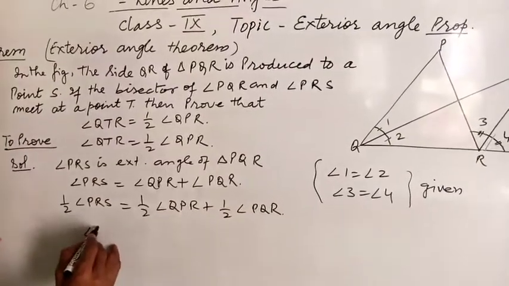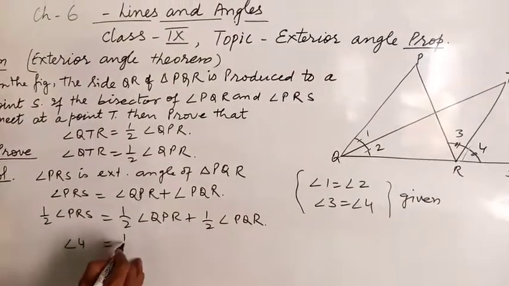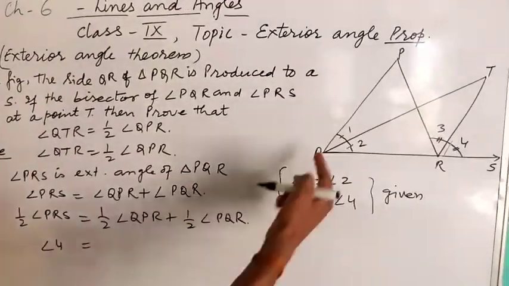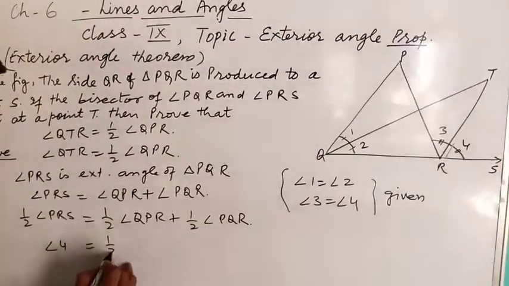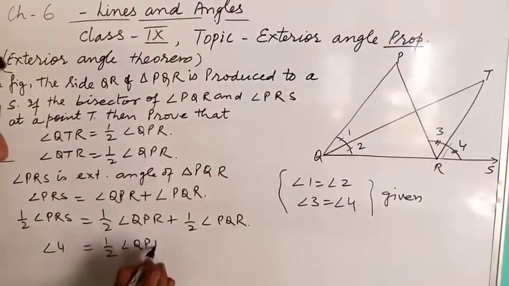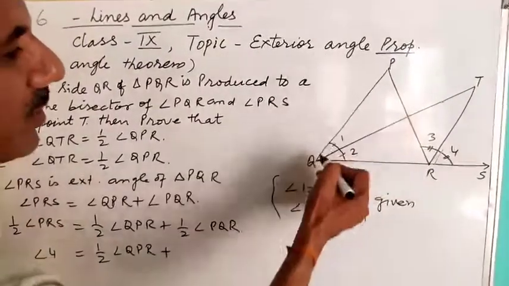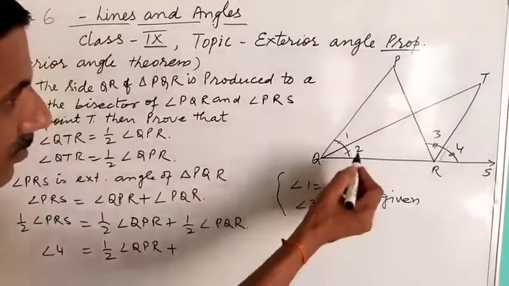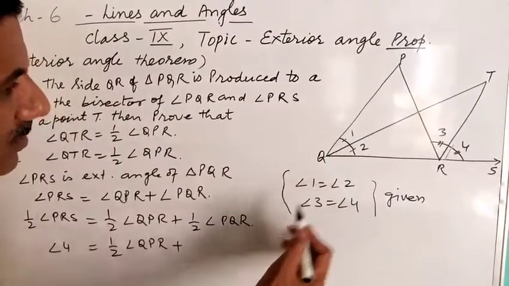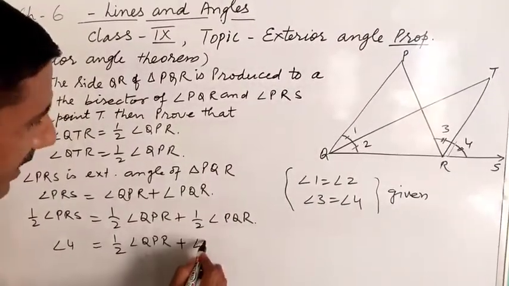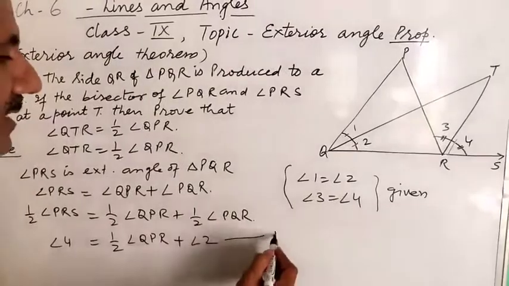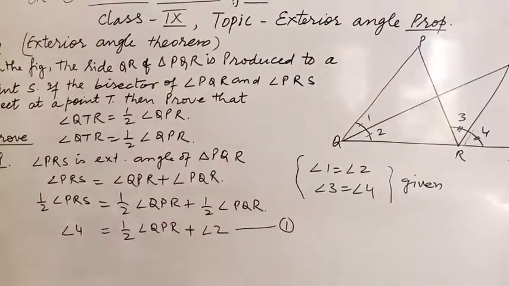So we have angle 4 is equal to 1 by 2 angle QPR, and angle QPR is as it is, no need to change it, plus half angle PQR. Half PQR is related to angle 2, since 1 and 2 are both equal. So we take angle 2 in this case, and this will be equation 1.